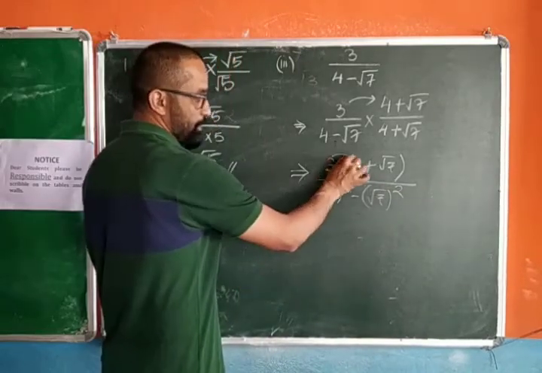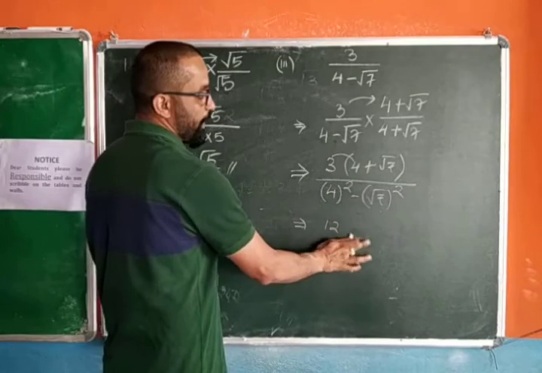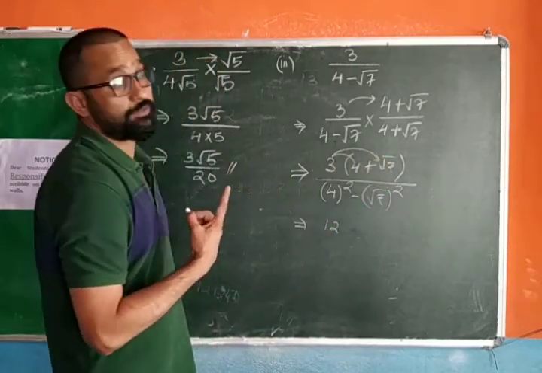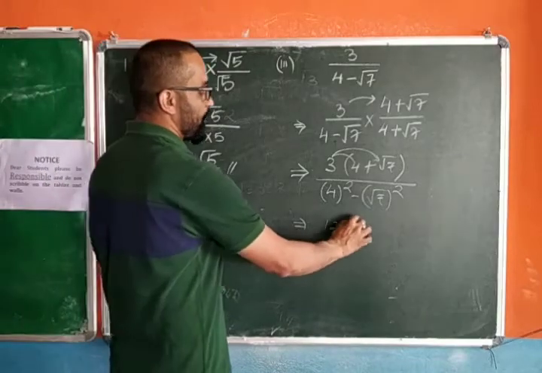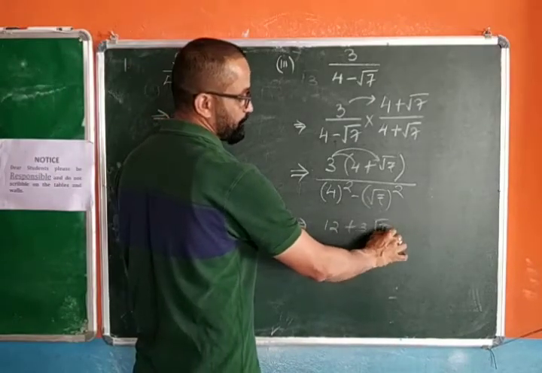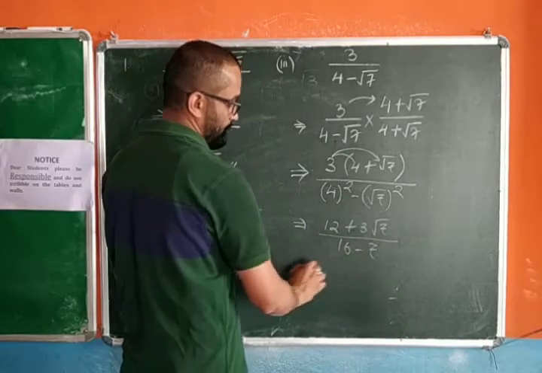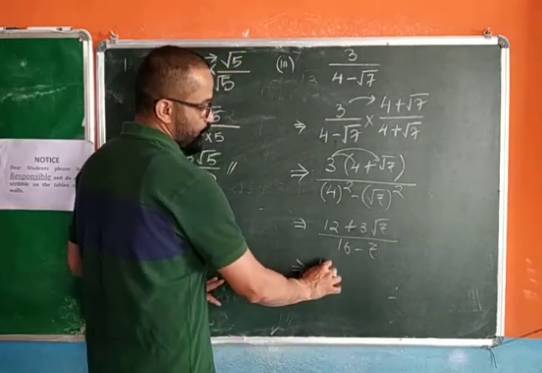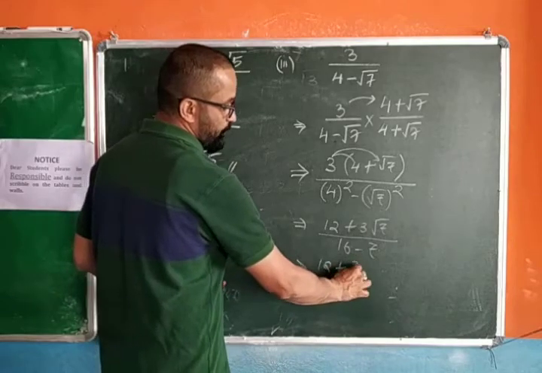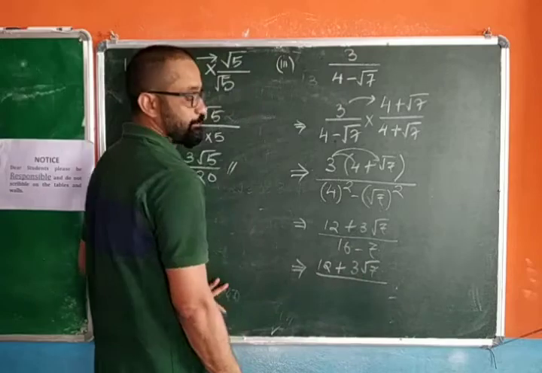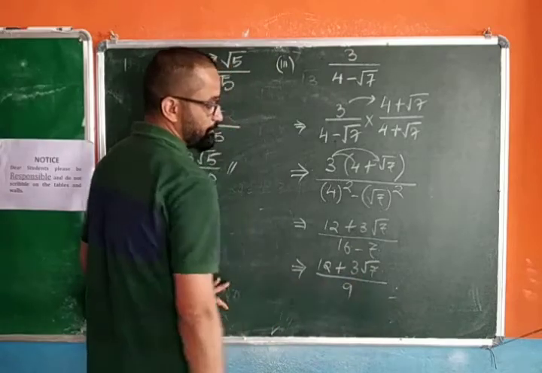Open the bracket and multiply it. 4 into 3 is 12. You cannot multiply root 7 with 3, so we write plus 3 root 7 divided by 16 minus 7. Simplified, 12 plus 3 root 7 divided by, subtract this, you get 9.